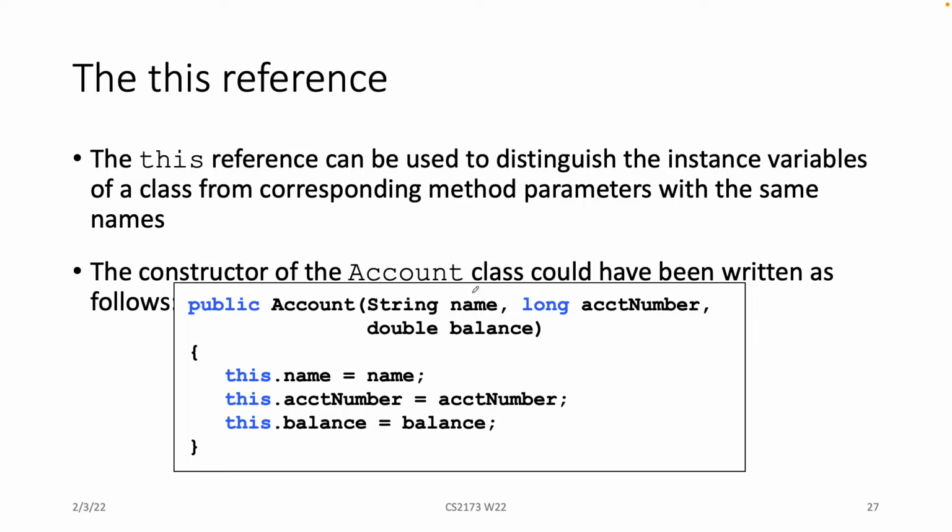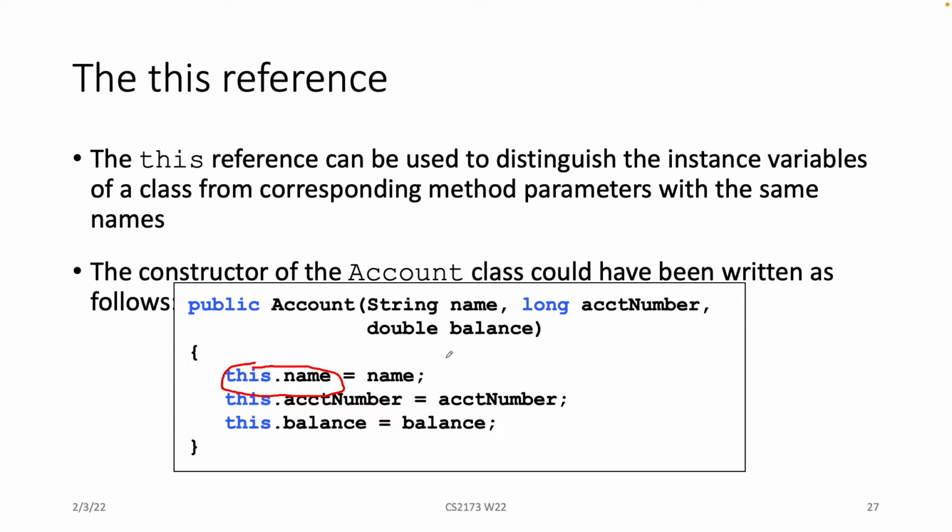And we've seen this before. So if you use the same names, which I prefer, because that makes it clear what you're doing, but it raises the challenge of possibly missing. The main thing is that this dot name refers to the instance variable.